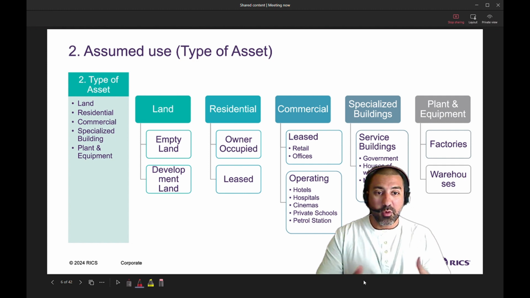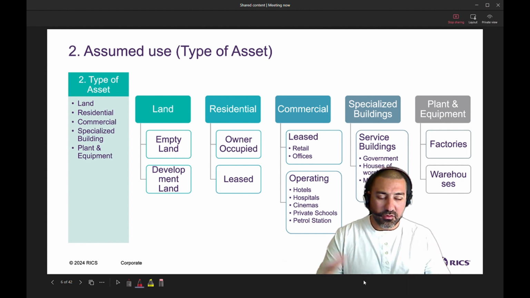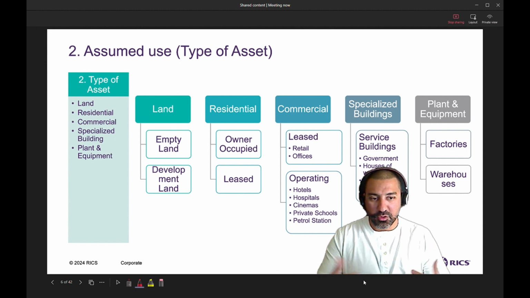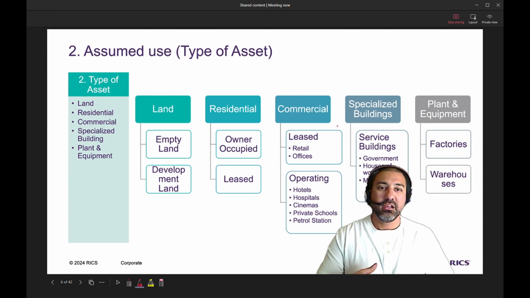We look at commercial. Again, there are two categories of commercial properties. There are leased properties, where we're looking at the rent schedules, like retail, offices, maybe malls. When it comes to analyzing the DCF, or the income streams, the operating revenues, your top line in your DCF, your top number, is rents, right?